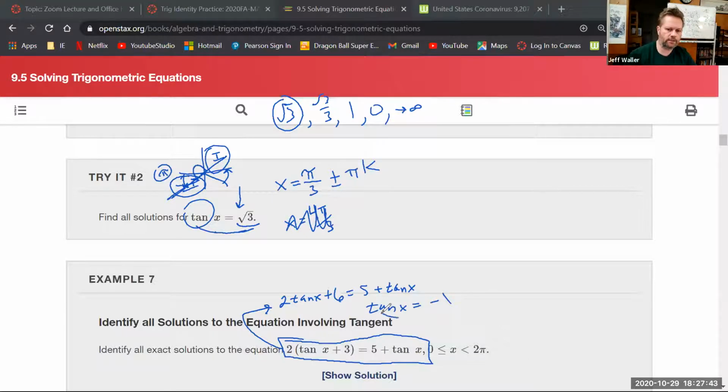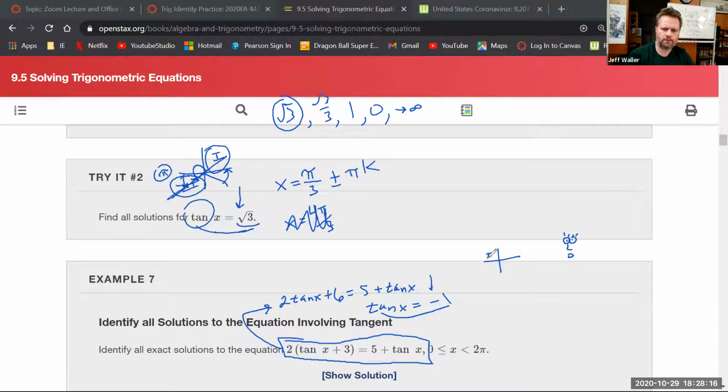And when does tangent equal -1? What's the first quadrant that happens in when tangent's negative? Tangent's negative when sine and cosine are different signs.